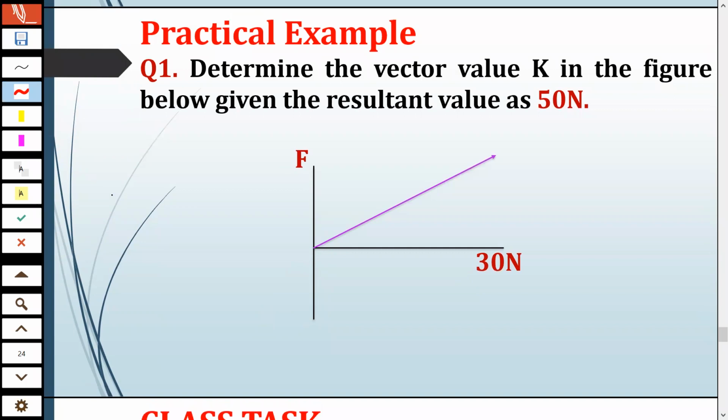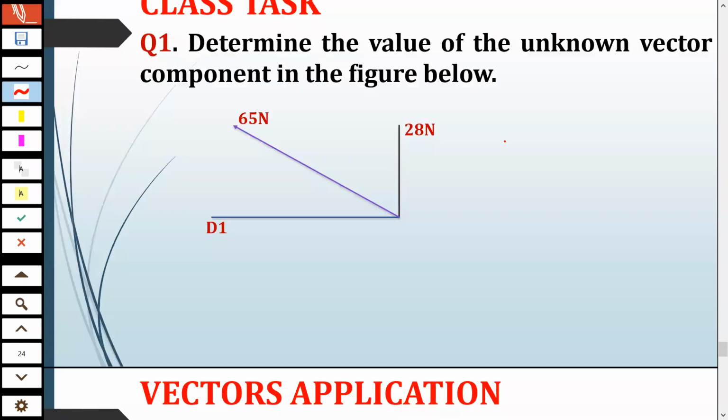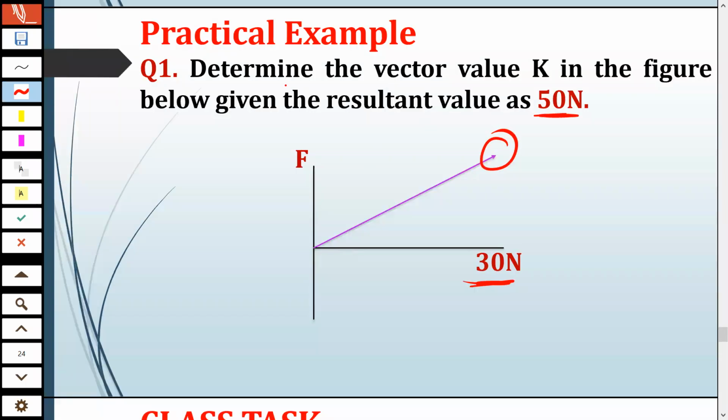The question here is a bit different, because they have not even shown which k, where k is. Okay, let's do this. They want us to find the other component, in short.